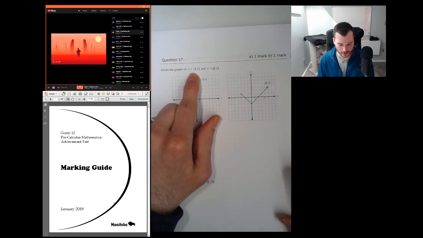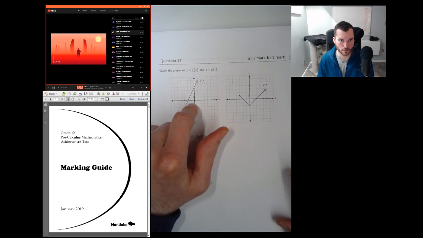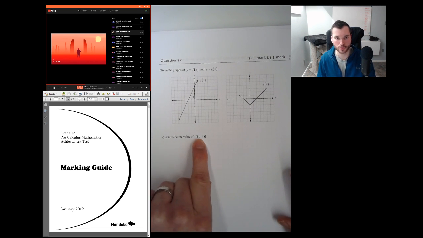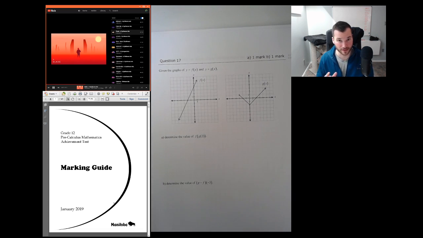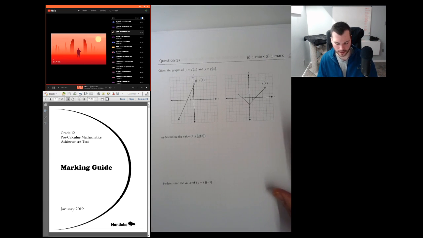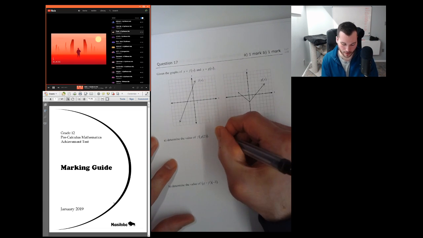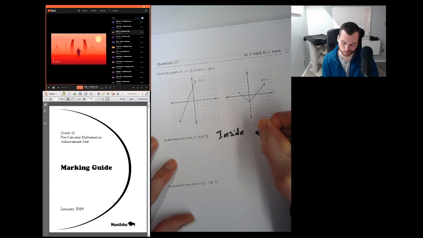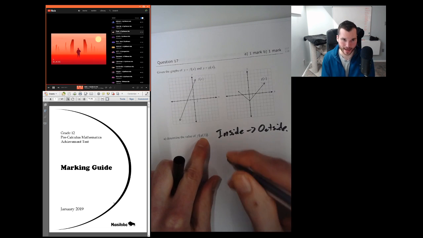Okay, given the graphs, y is equal to f of x, and y is equal to g of x, determine the value of f of g of 2. This is one of the things that we have yet to cover in the course. It's one lesson on Monday, but it's really easy. All you have to remember is that you go inside to outside. That's it. So the inside, g at 2.